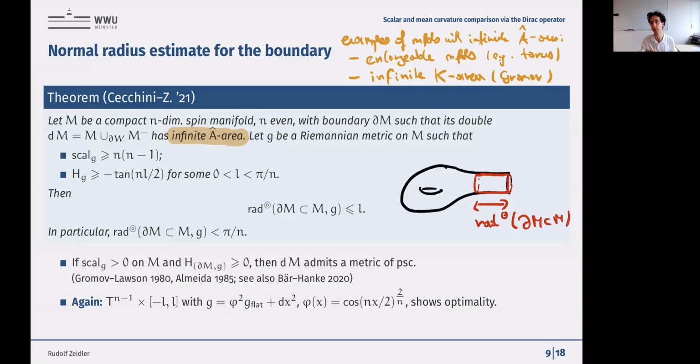What's important is that this is a condition that implies that the double does not admit a metric of positive scalar curvature.